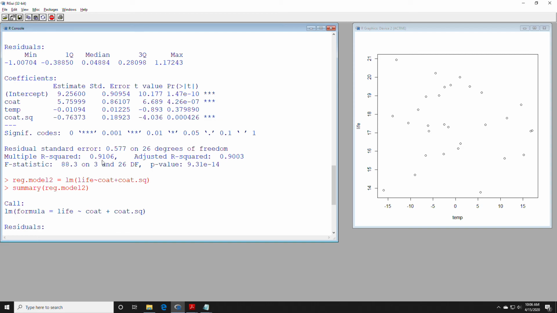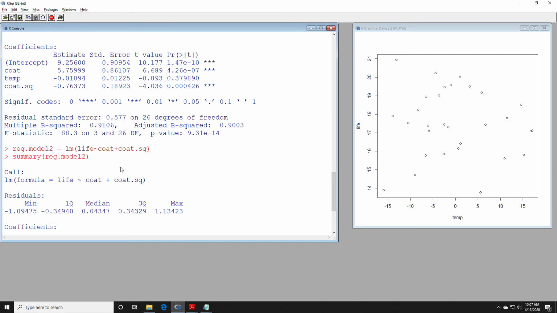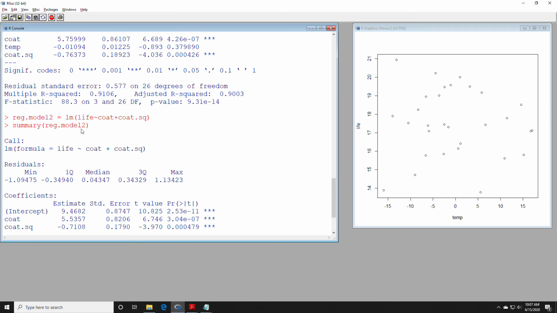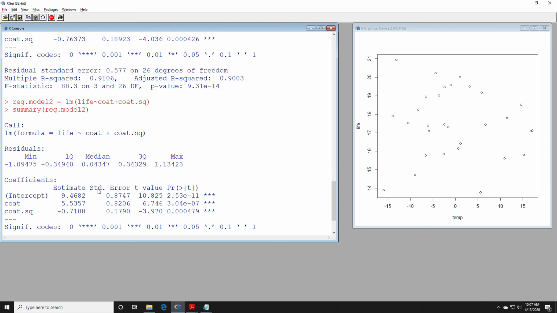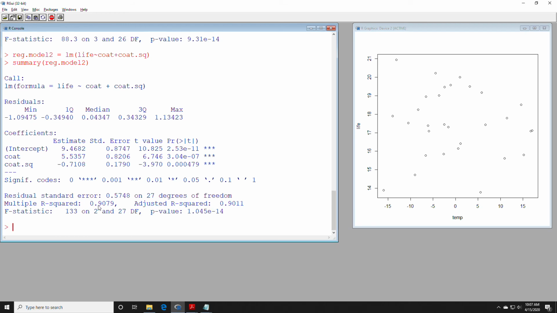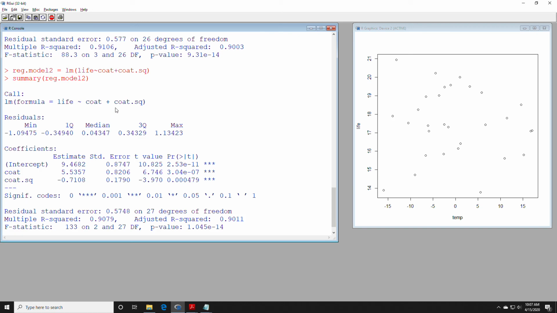But what you want to look for is how much did it decrease? Because if it didn't decrease by much, that's further evidence that temperature was not impactful in predicting your response. Now the model which does not include temperature accounts for almost 91%. So we lost almost nothing.